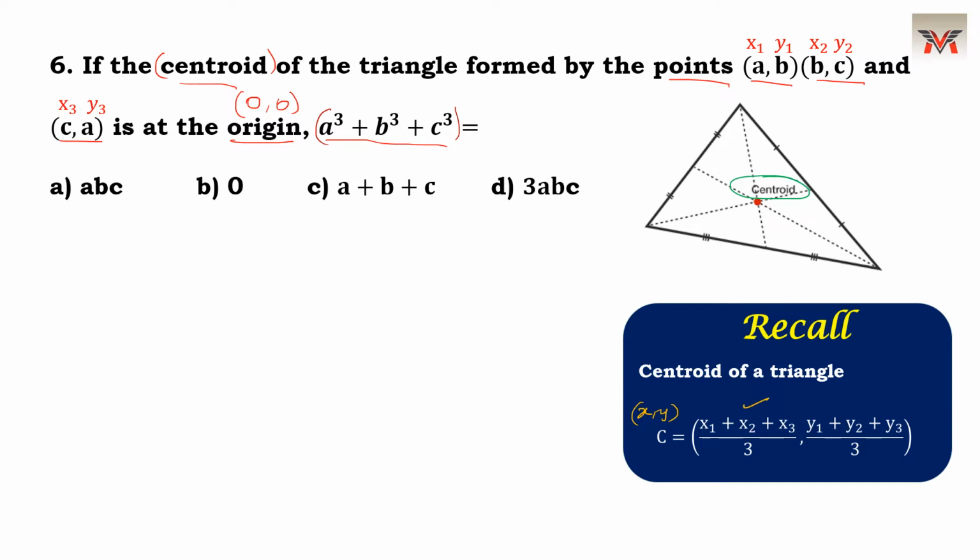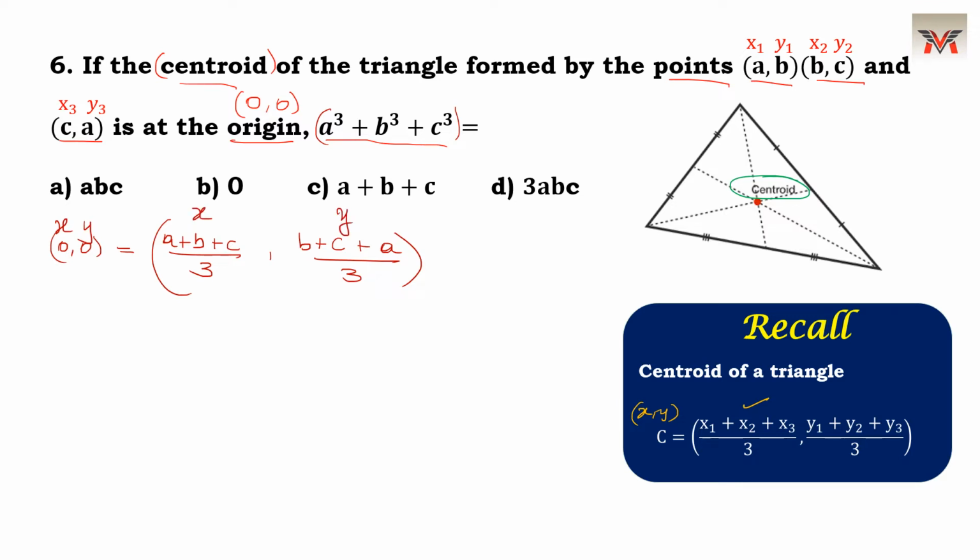The centroid is given as (0, 0), which is equal to: x1 is a, x2 is b, x3 is c, divided by 3, comma, y1 is b, y2 is c, y3 is a, divided by 3. So here this gives you the x, y values. Here also this is x and this is y.